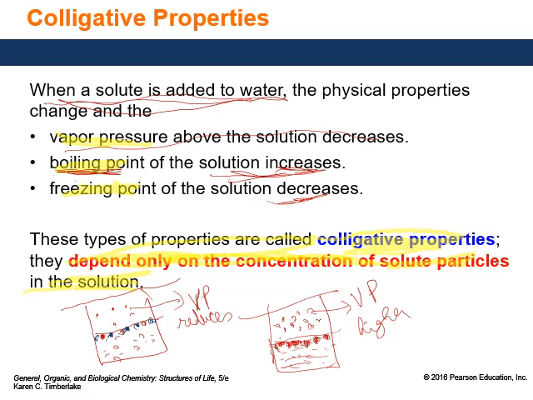Then you would freeze it somewhere else, at normal ice. In normal ice, you would never be able to freeze milk, right? But when you add salt into ice, that freezes instantly or very fast. Why is that? Because the freezing point of the solution decreases.